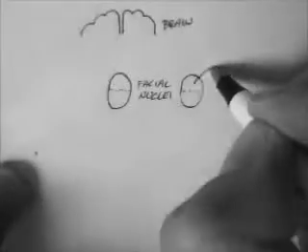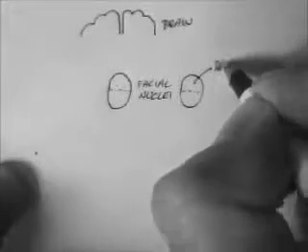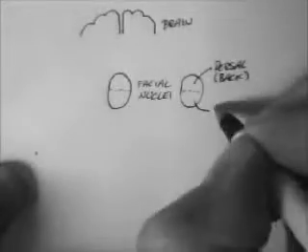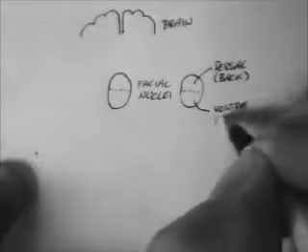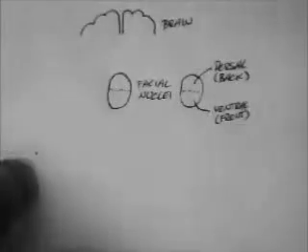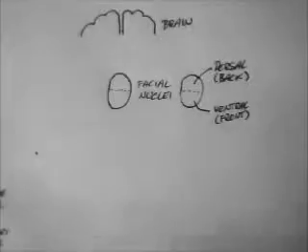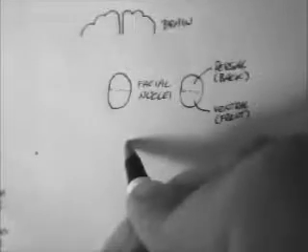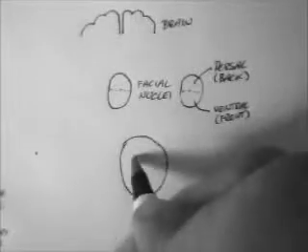And they're split into two sections. There's a dorsal section, or at the back, and a ventral section at the front. So these are the nuclei.